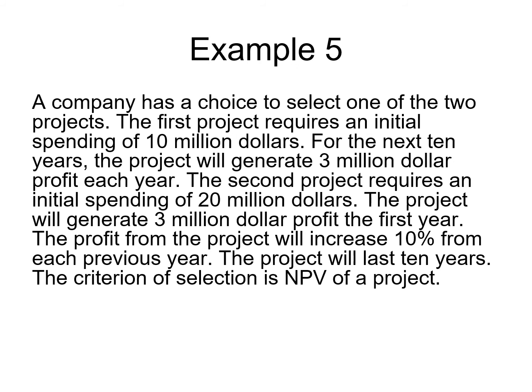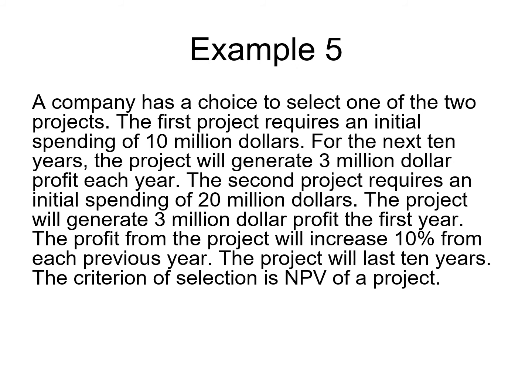The second project requires an initial spending of $20 million. The project will generate $3 million profit the first year. The profit from the project will increase 10% from each previous year. The project will last 10 years.